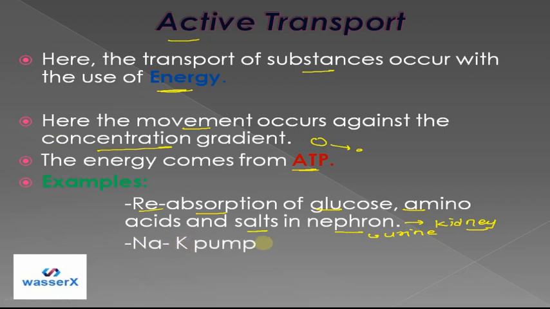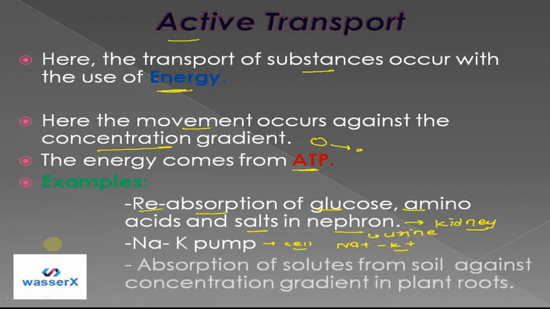Next is the sodium potassium pump, seen inside the cell, that deals with sodium and potassium ion concentrations. Next is absorption of solutes from soil against the concentration gradient in plant roots. That means active transport can be seen everywhere, in animals, in plants and in humans.